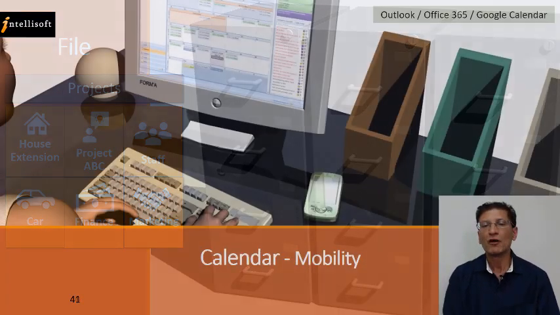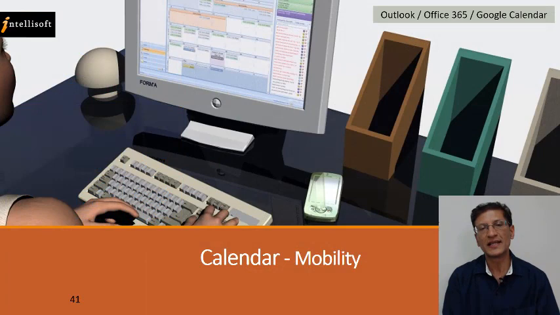For all our scheduling purposes, we will be using a calendar. You can use the inbuilt Outlook calendar, the Office 365 calendar, or you could use an online calendar like the Google Calendar, the Yahoo Calendar or any other calendaring application that you wish. Just remember, we want to stick to only one calendar.